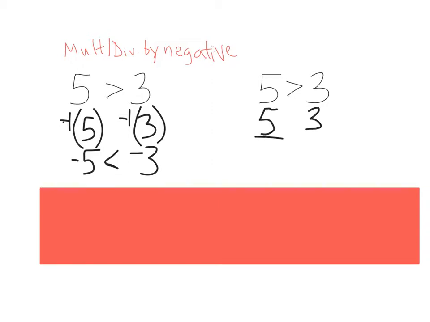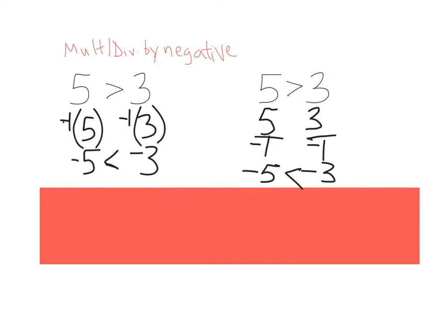I'm going to take both of those and divide them by -1. When I divide by -1, that's going to give me the same result as when I multiplied by -1. So we'll have -5 and -3, and again, -5 is less than -3.